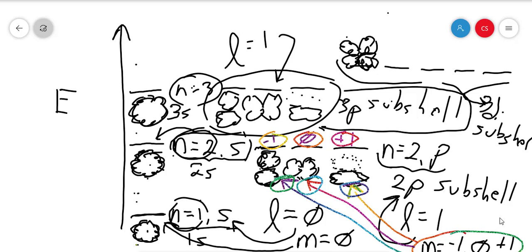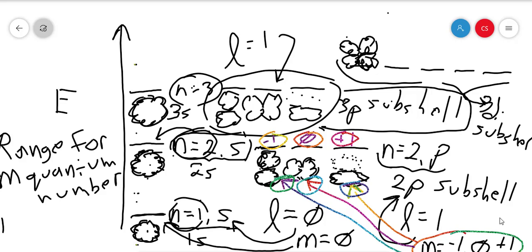There's a range for the m quantum number that tells you how many shapes you're going to have. And m takes on a range from -L all the way up to +L, with a 0 in there as well. So since L was equal to 1 in our last example, that's why m goes from -1, 0 to +1. Because in that case, L equals 1 was our p orbital, and there's 3 of them.